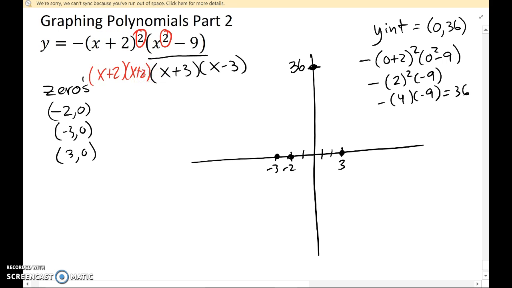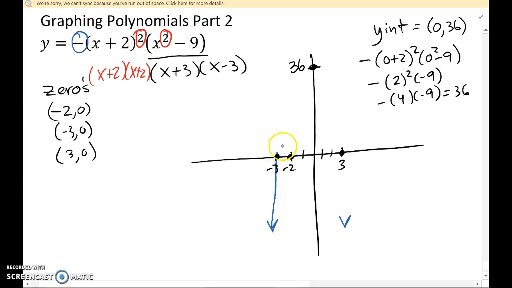And so that's why it's a 4th degree. So it's going to have an end behavior like a parabola. But if you notice, the minus sign out in the very front is going to make it like a negative parabola. So we want this thing opening down and finishing down.